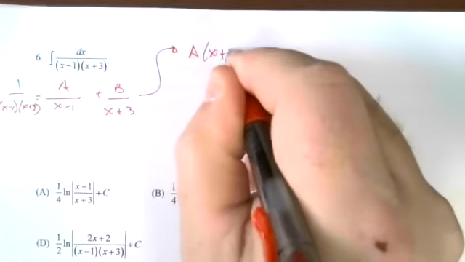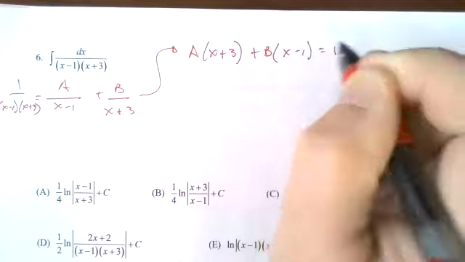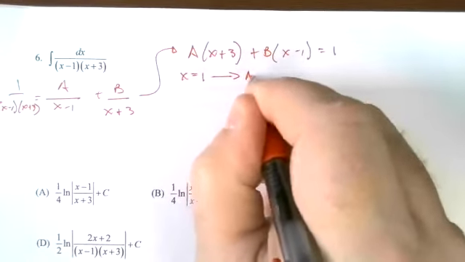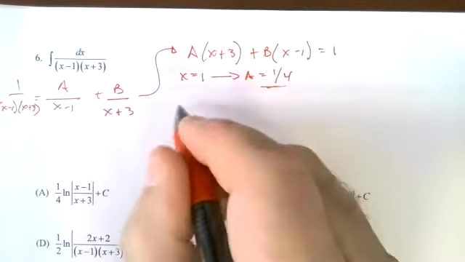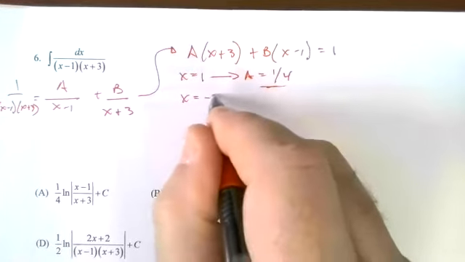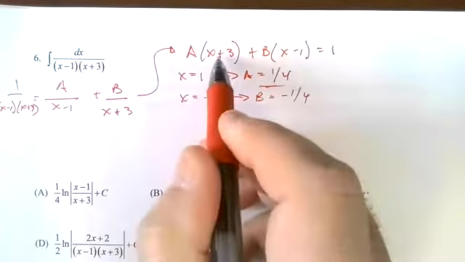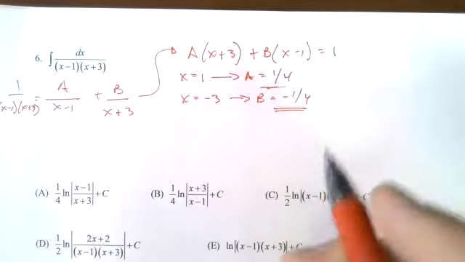A times x plus 3, plus B times x minus 1, equals 1. If x equals 1, A equals 1/4. If x equals negative 3, B equals negative 1/4. Negative 3 minus 1, negative 1/4.